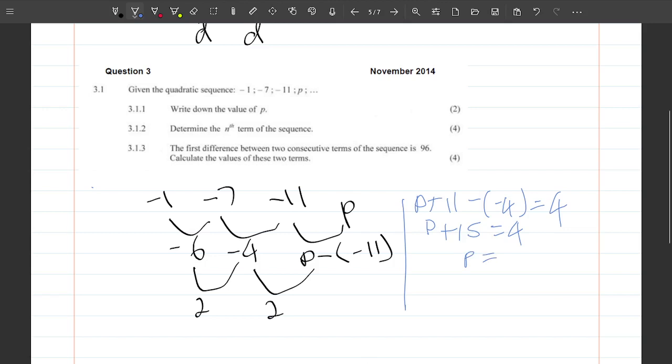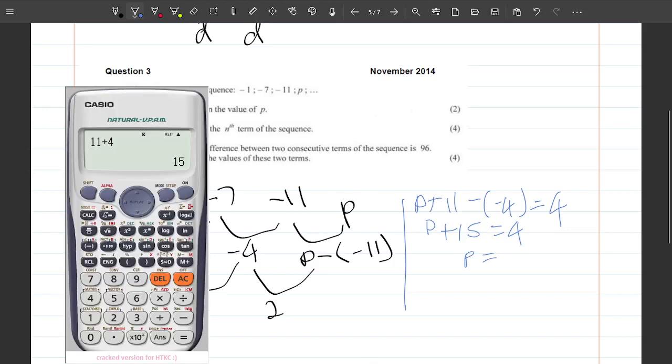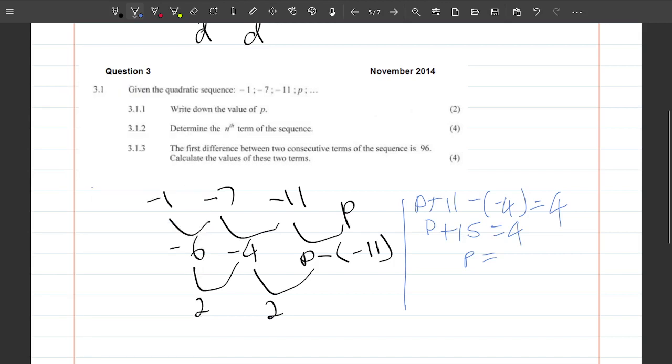So I'm just gonna grab the calculator. Welcome back. So for that, it's going to be 4 minus 15. And then for that, I get a negative 11. So that's negative 11 being the value of my p. This doesn't sound right. Does it sound right? We don't know.